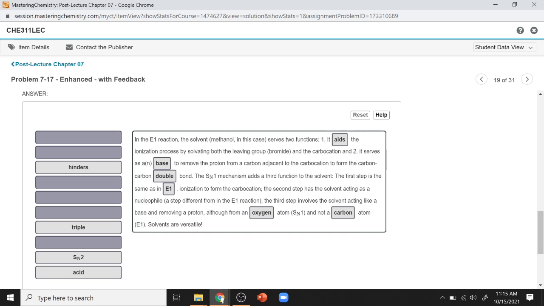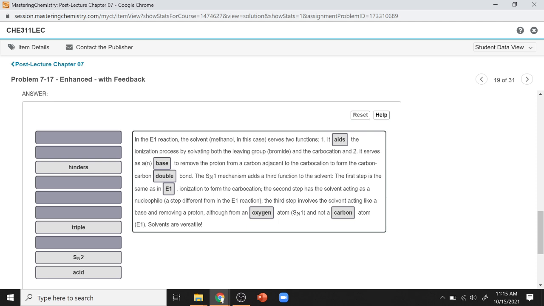It serves as a what? To remove the proton from a carbon adjacent to the carbocation to form the carbon-carbon what bond? Okay, so we're removing a proton. If you accept a donated proton, you are a what? Base. So the things that would work there would be acid and base, right? Okay, and we're a base because we're accepting a proton.